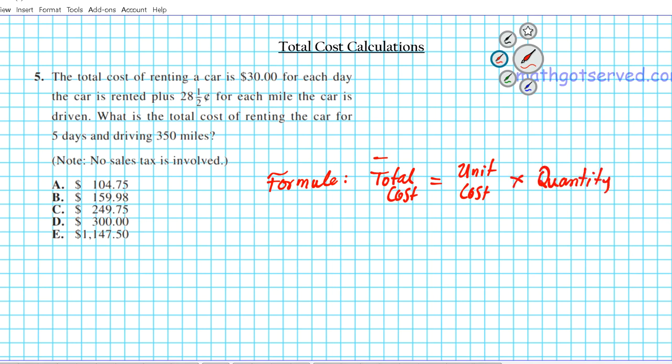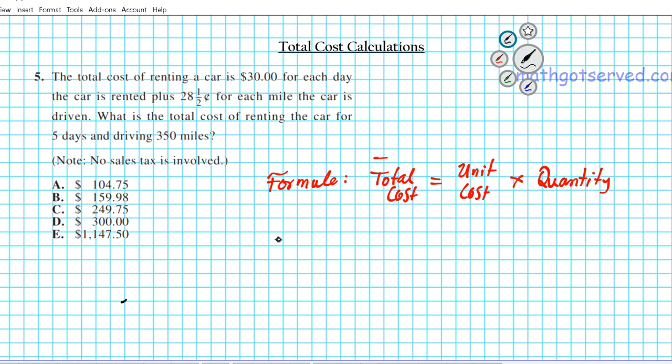All right. Now in this particular case, we have two total costs that we need to account for. We have the total cost for the days and the total cost for the miles. All right, so two components that we need to factor in our calculation.